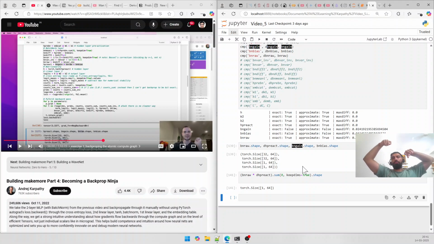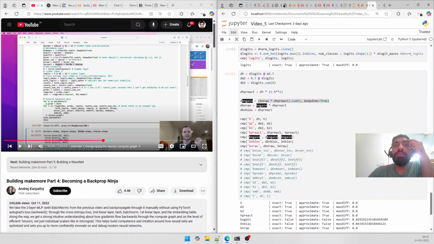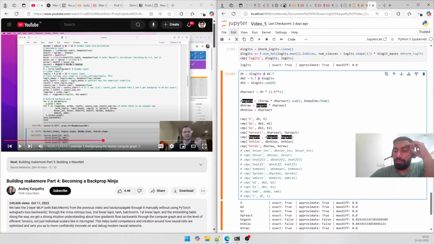Yeah, 0 dimension is this one, 1 is like this if you want. So it should be 0 here.